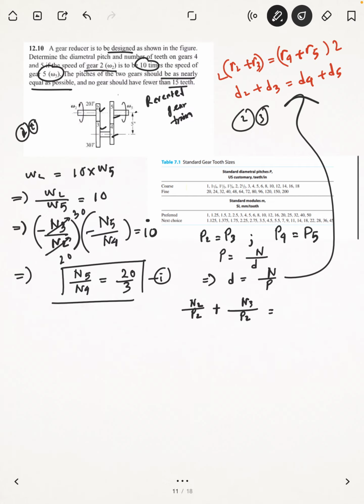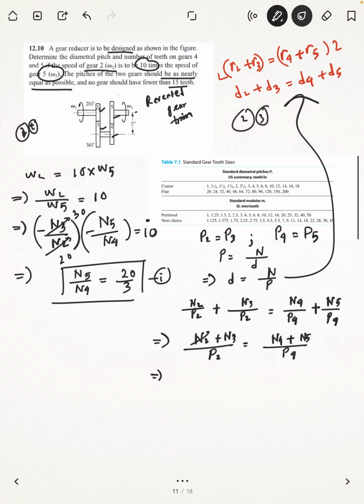And similarly, on the right hand side, we're going to have N4 by P4 plus N5 by P4, as P4 and P5 are equal. So from this equation, I can write (N2 plus N3) by P2 is basically (N4 plus N5) by P4.